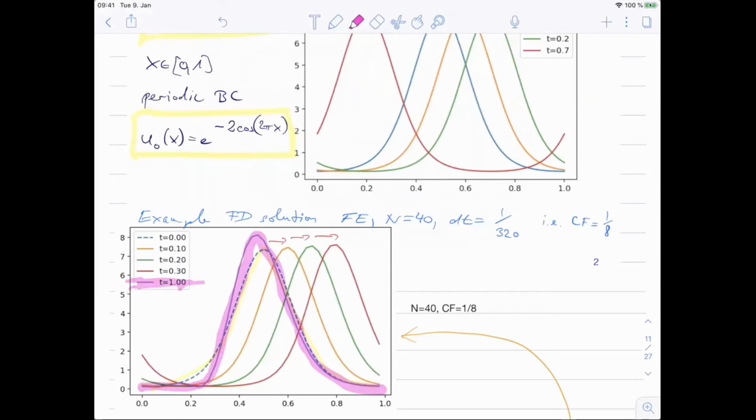And this has three reasons why this happens. One reason is that I'm using very primitive methods with only first order time steps. The second is that I'm using fairly low resolution. I only have 40 grid points in this particular example.